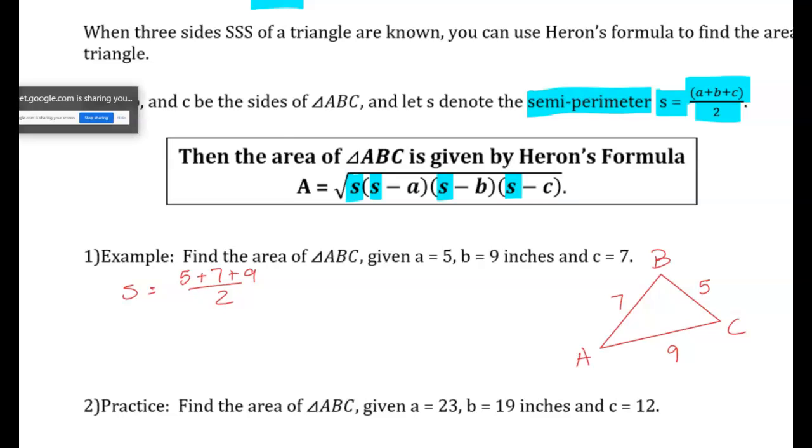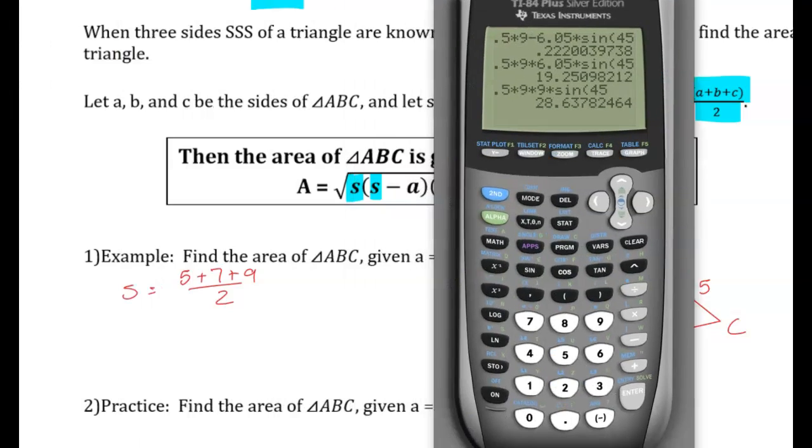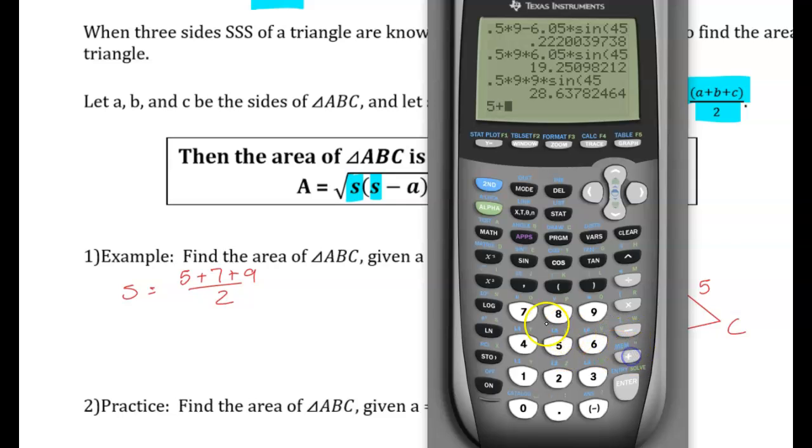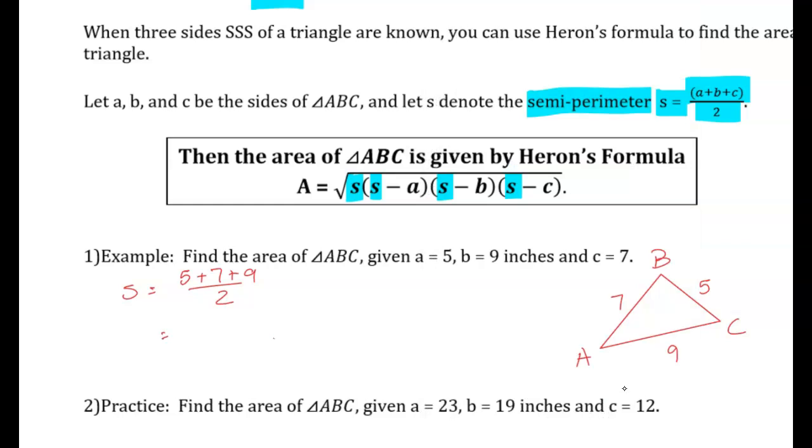So we have 5 plus 7 plus 9 divided by 2. 10.5. Could I have done that in my head? Probably. Do I want to right now? No. Then we just take that number and use it in our Heron's formula for the area of a triangle.